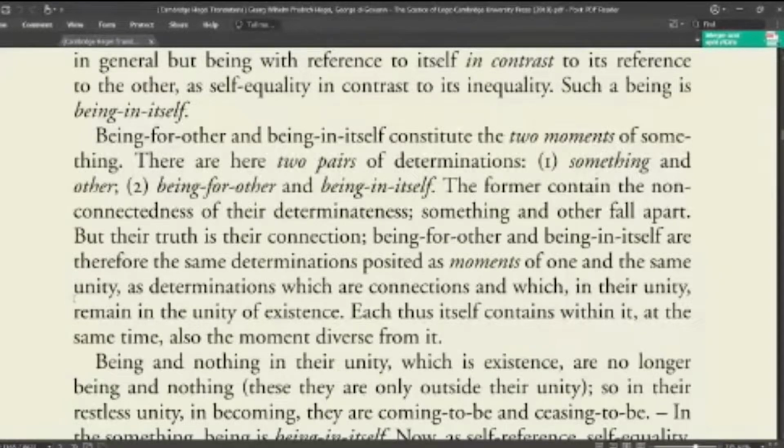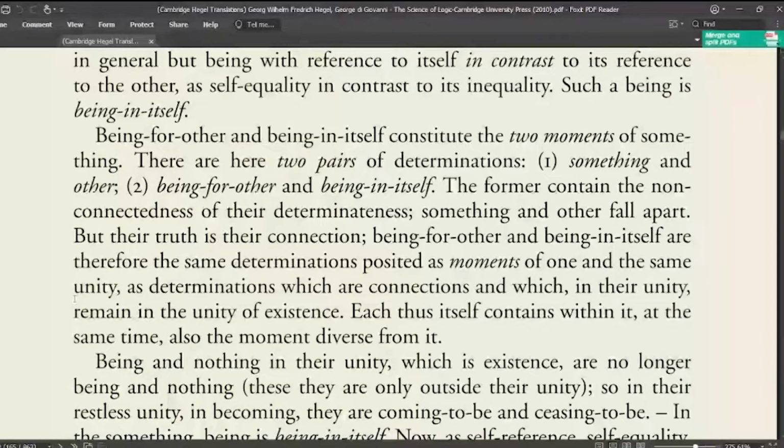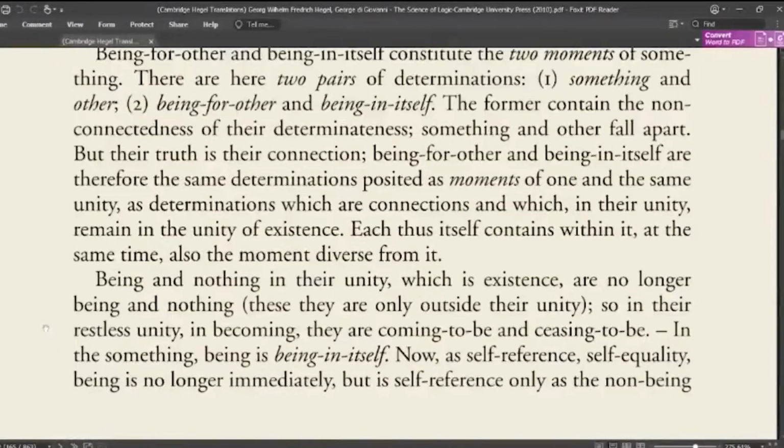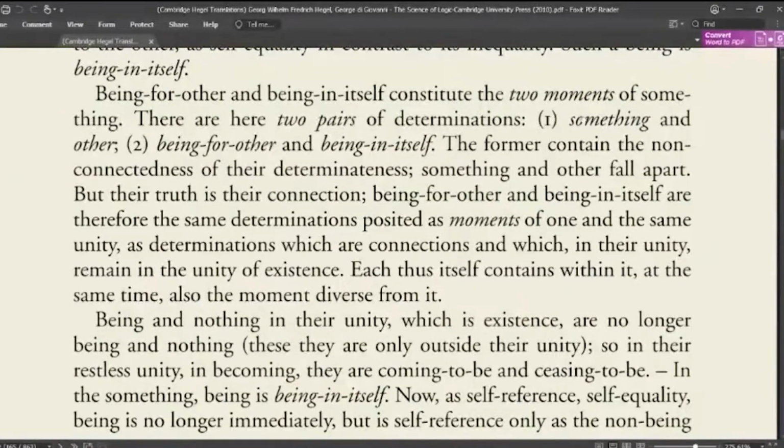Being for other and being in itself are therefore the same determinations posited as moments of one and the same unity, as determinations which are connections and in which their unity remain in the unity of existence. Each thus itself contains within it at the same time and also the moment diverse from it. And this thing, he says, these are two moments, the two moments of something.